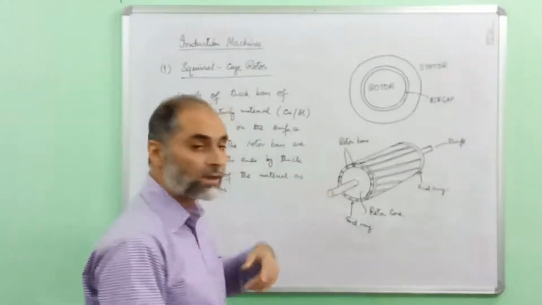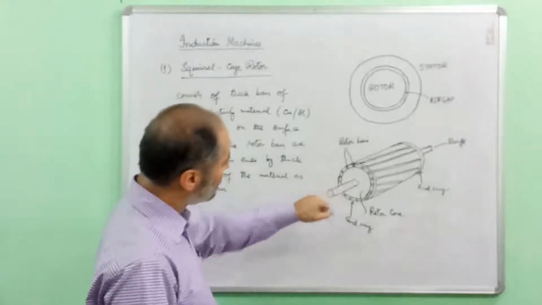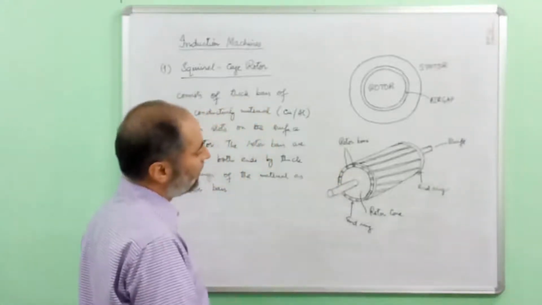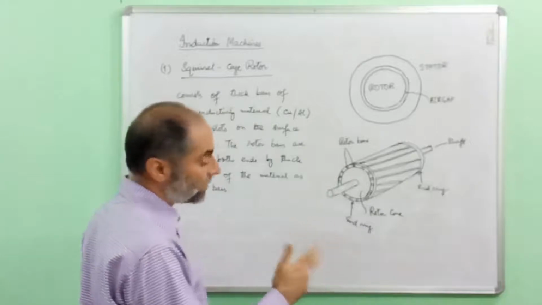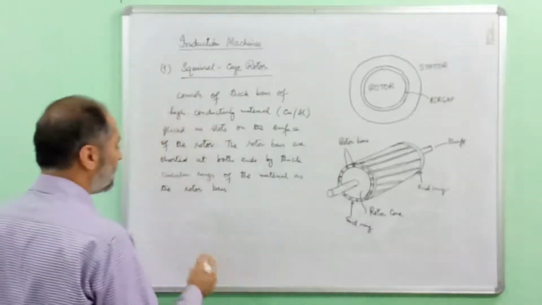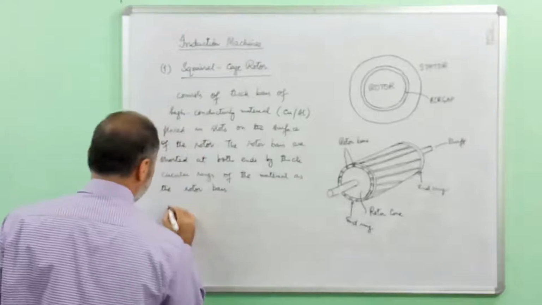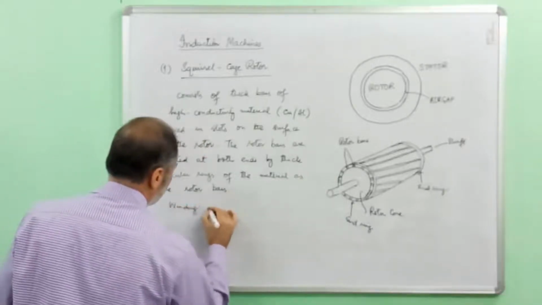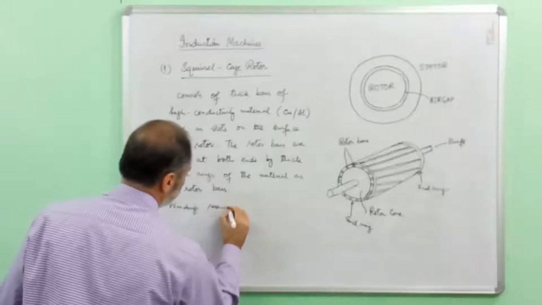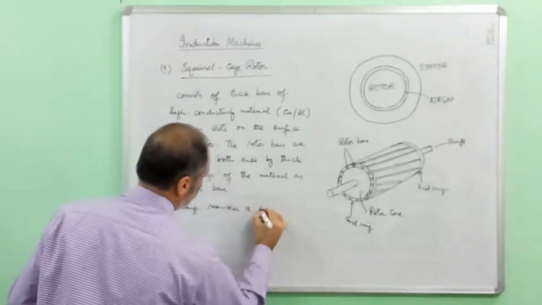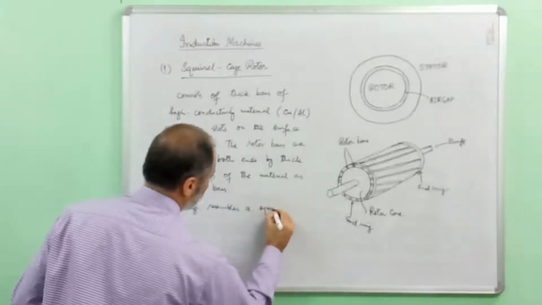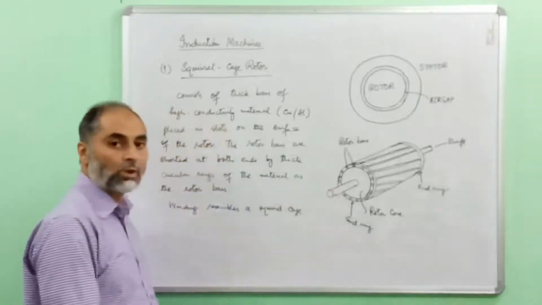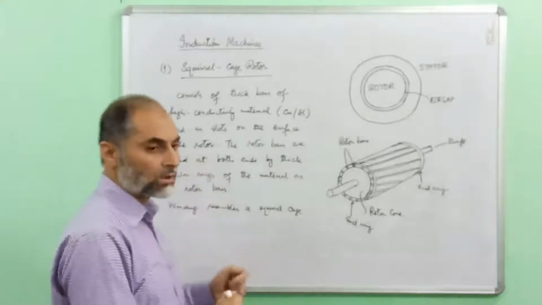Now, as far as this rotor construction is concerned, if we consider only the winding of this machine, the winding resembles a squirrel cage, and that's why the name squirrel cage rotor.